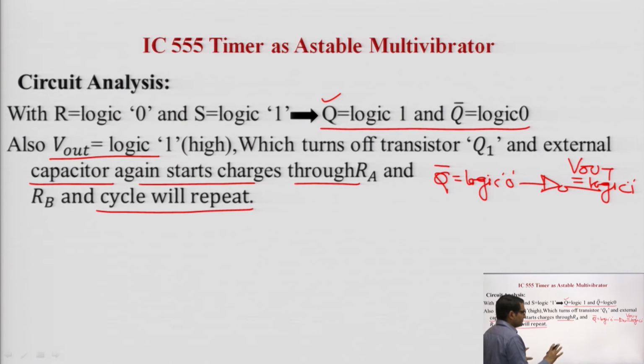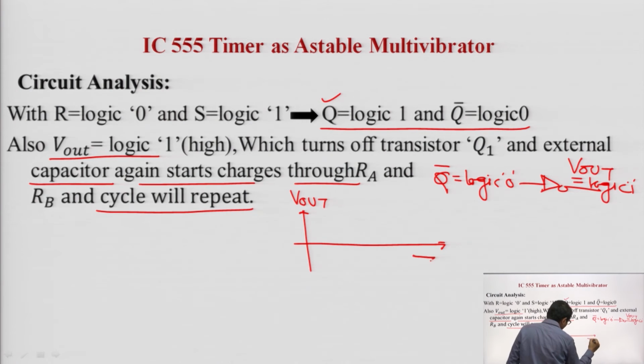What is the meaning of this? First, this is the V out. We assume that this is the T axis. Initially V out is logic high, which means logic 1.